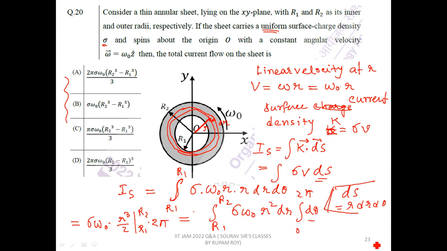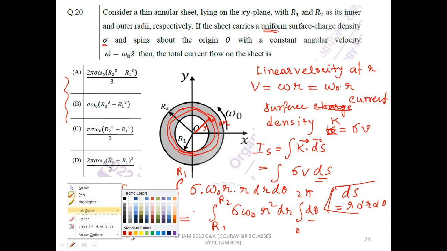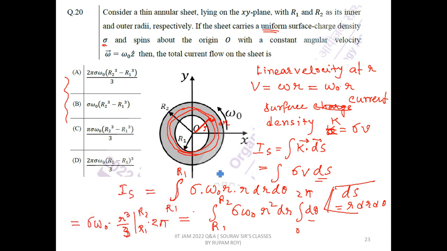So this is equal to 2 pi sigma omega 0 by 3 into r cube from r1 to r2.